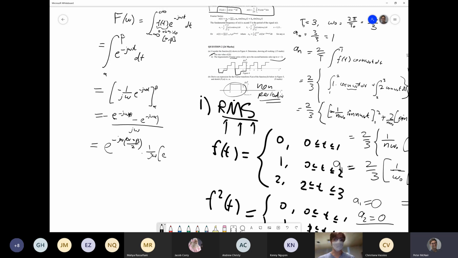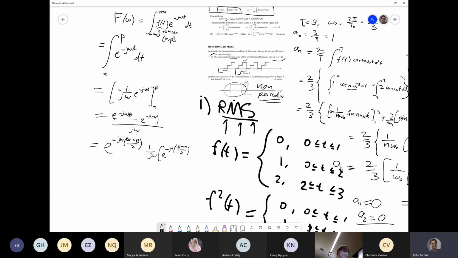And then we get e to the minus j omega into beta minus alpha on 2. So when you sub these, as you expand these out, this plus this would give you beta.